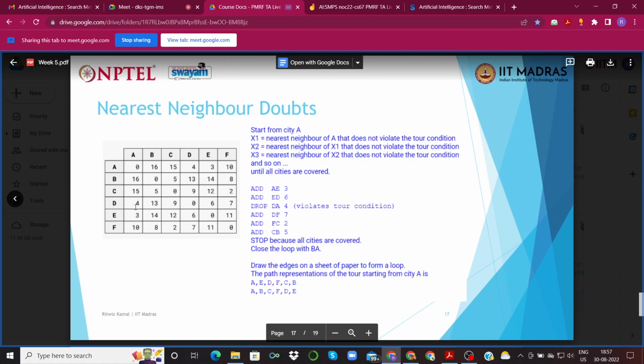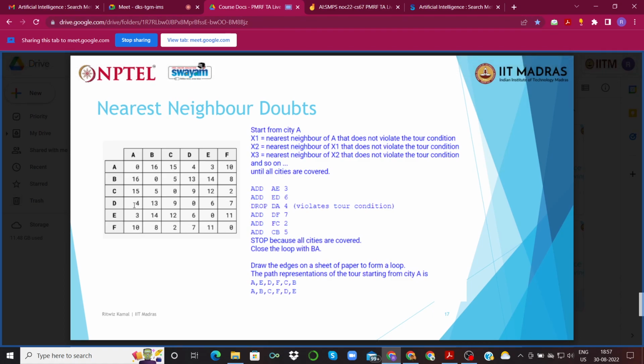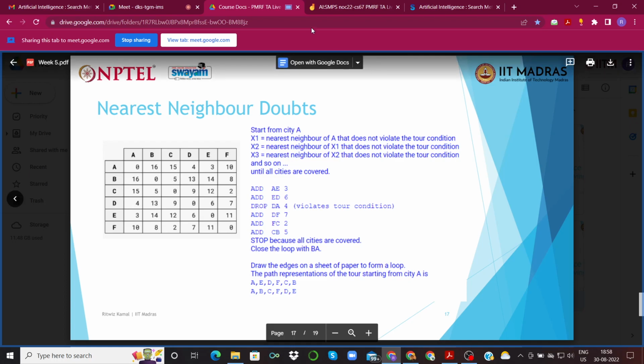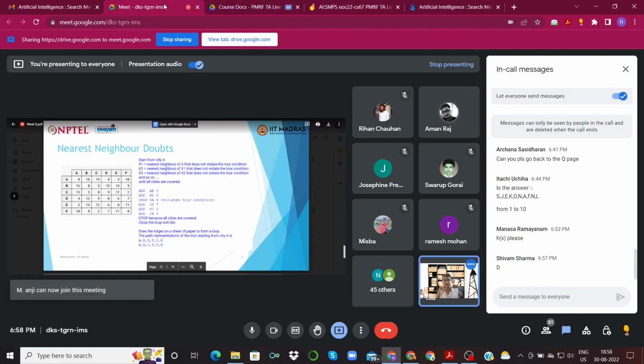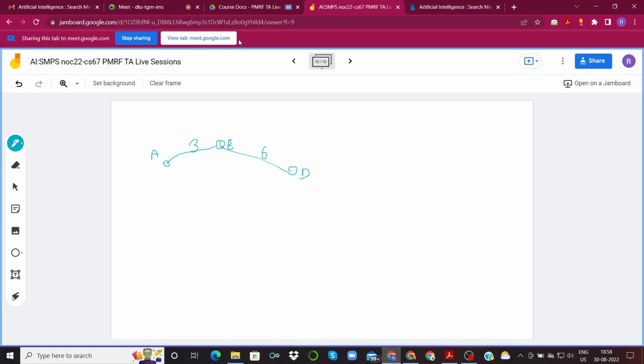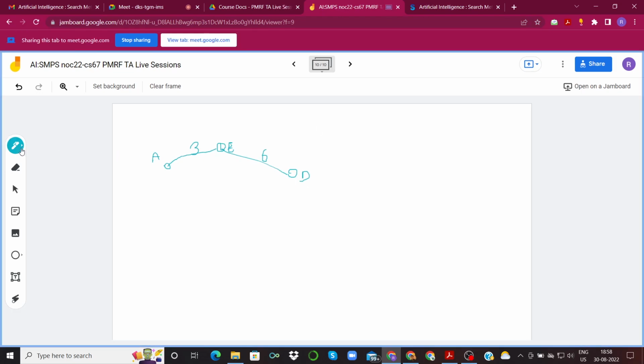Now we will look where to go from D. This 4 appears to be a correct choice, but what is the issue if we add DA? It will make a closed path. If we add this DA, it will become a cycle, which we don't want.